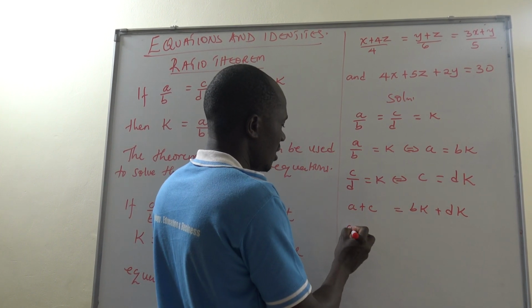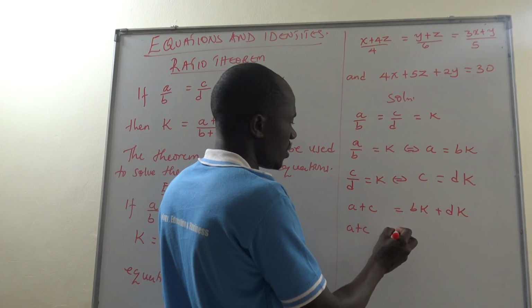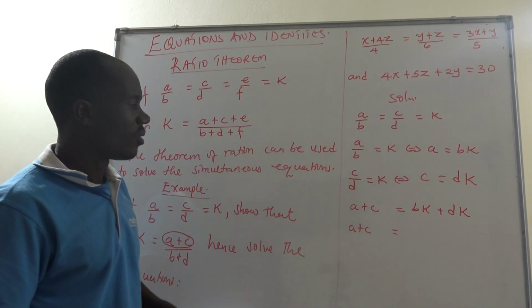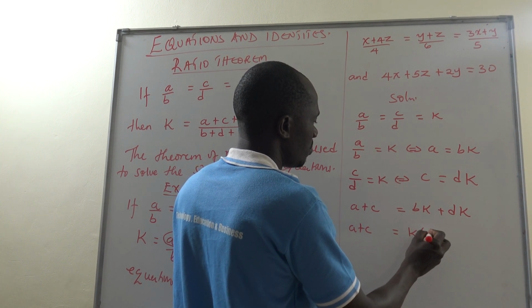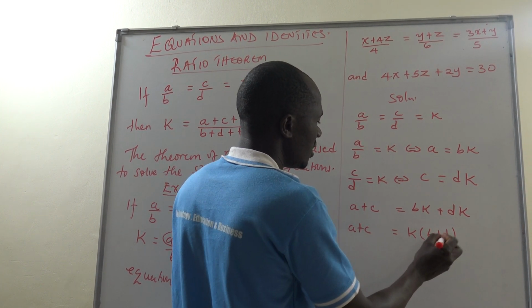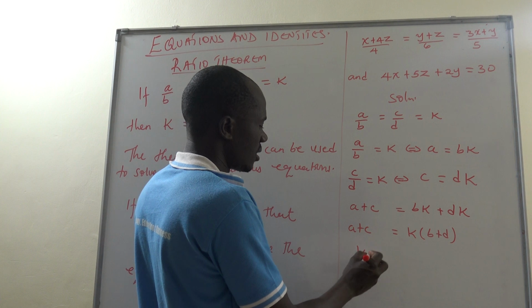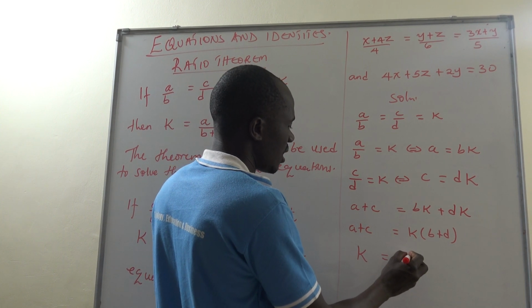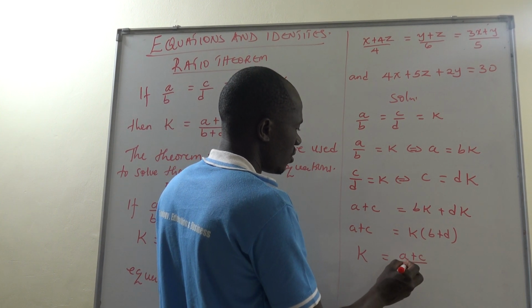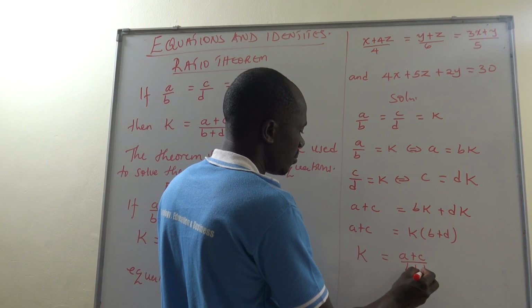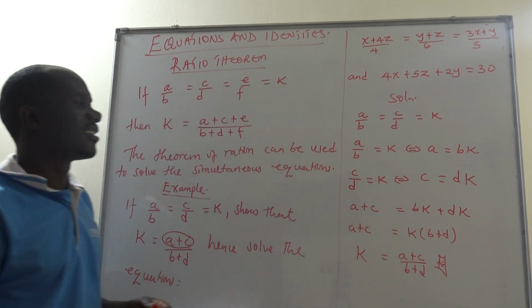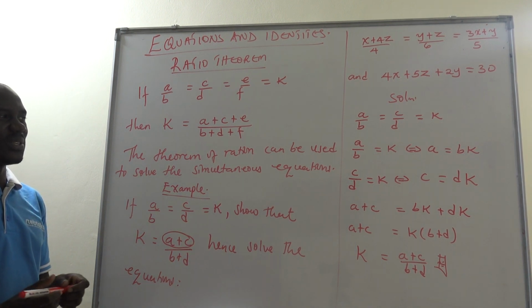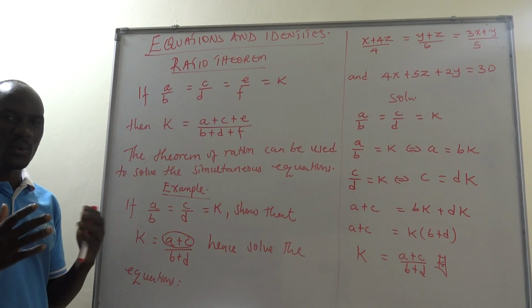So we go ahead, A plus C equals, what is common there? What is common there is K into B plus D. So can we make K the subject? What is K? K becomes A plus C all over B plus D as required. I think I've tried to show how I've come out with that one.